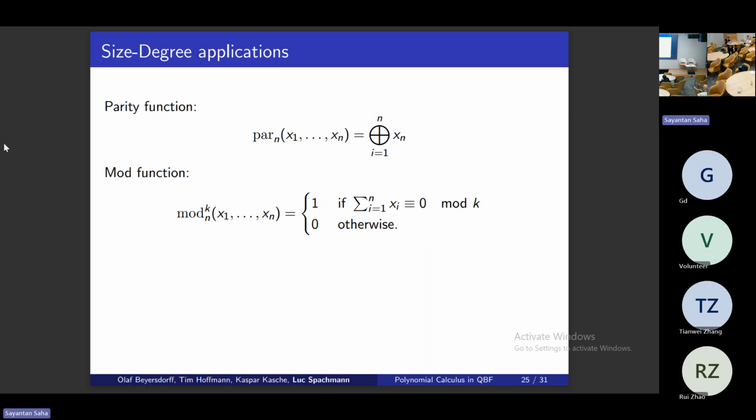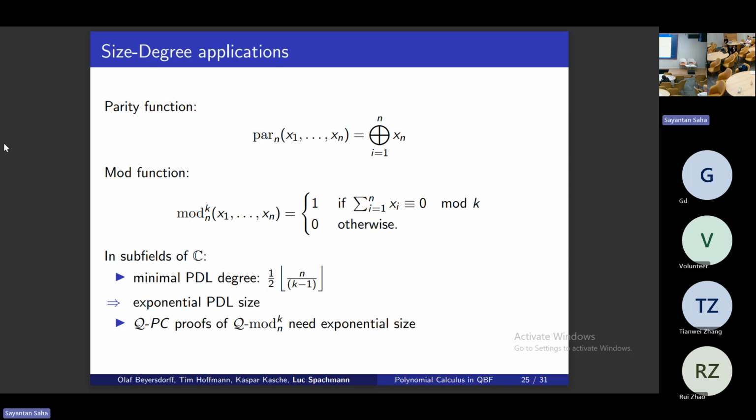Similar things can be done for the parity formula or the mod functions. So parity just calculates the parity of all the variables, and the mod function is something quite similar, only a bit more general. So it is 1 if the sum of all these variables modulo k is 0, and else it is 0.